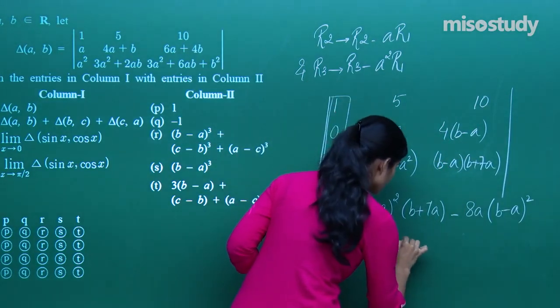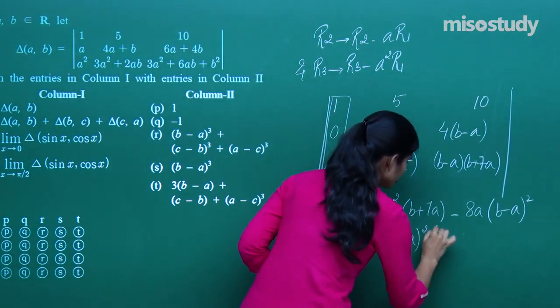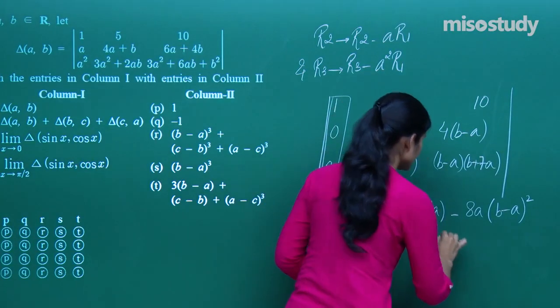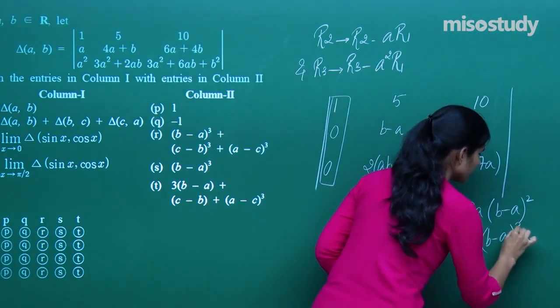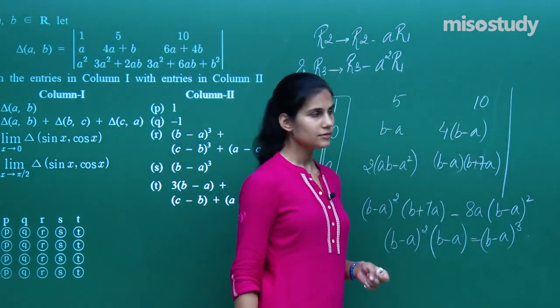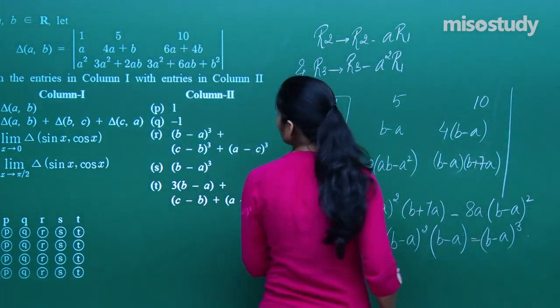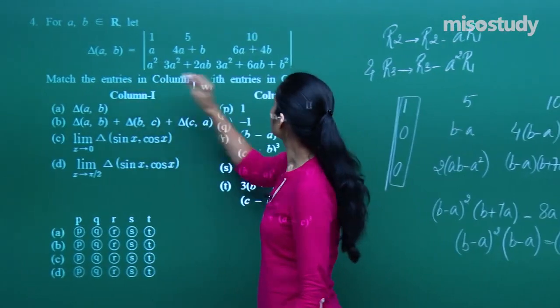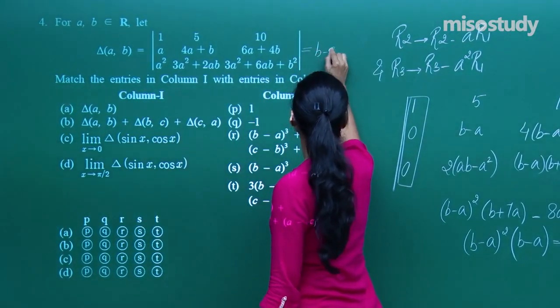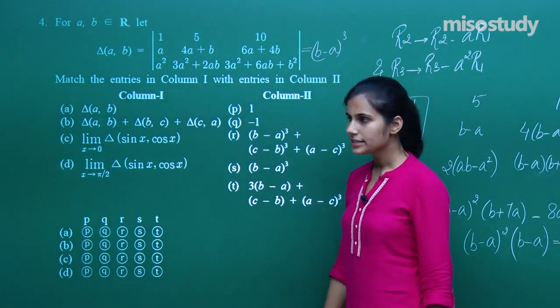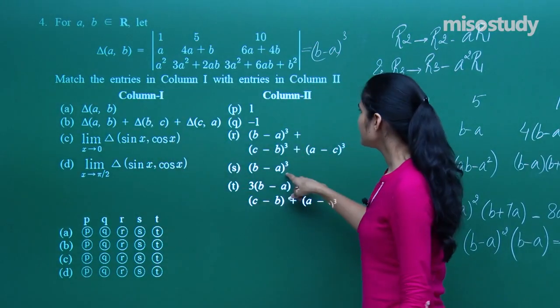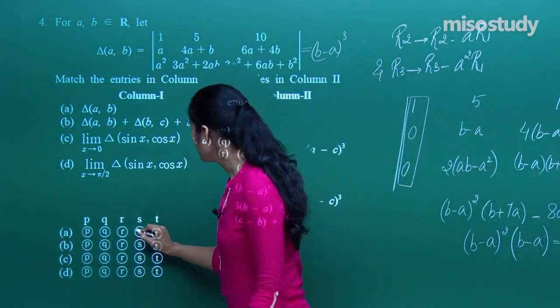So, b minus a whole square comes out common. You have b plus 7a minus 8a, which is again b minus a. So, you get b minus a whole cube. Clear? Therefore, delta AB is coming out to be b minus a whole cube. Now, if delta AB is this, a gets matched to s.